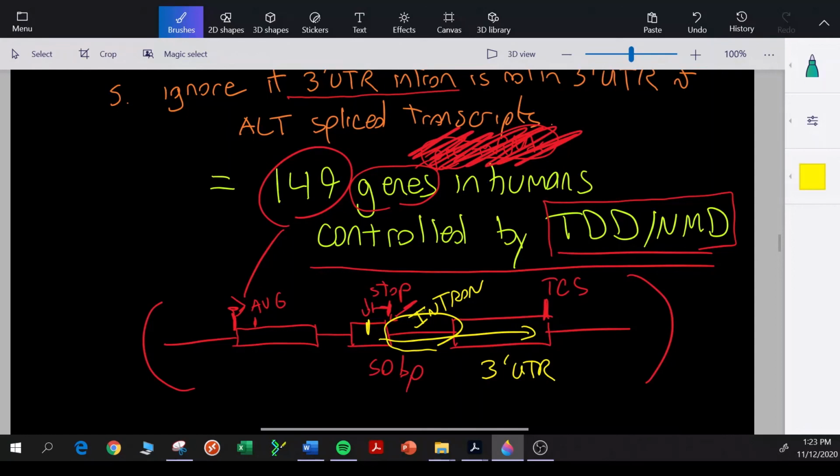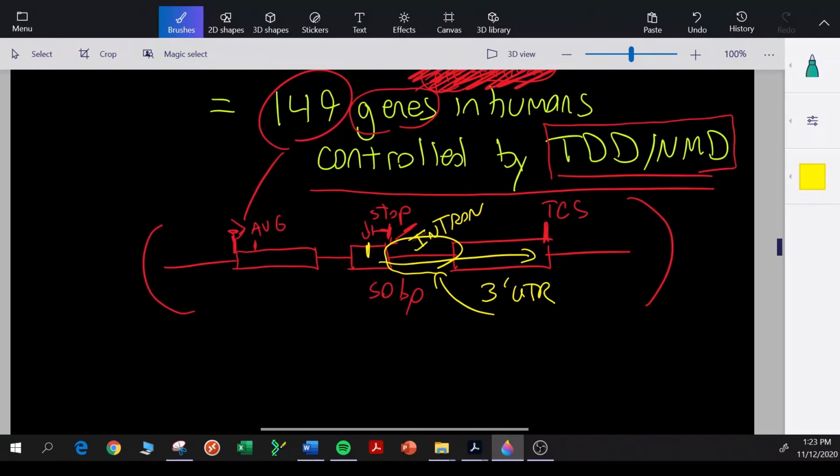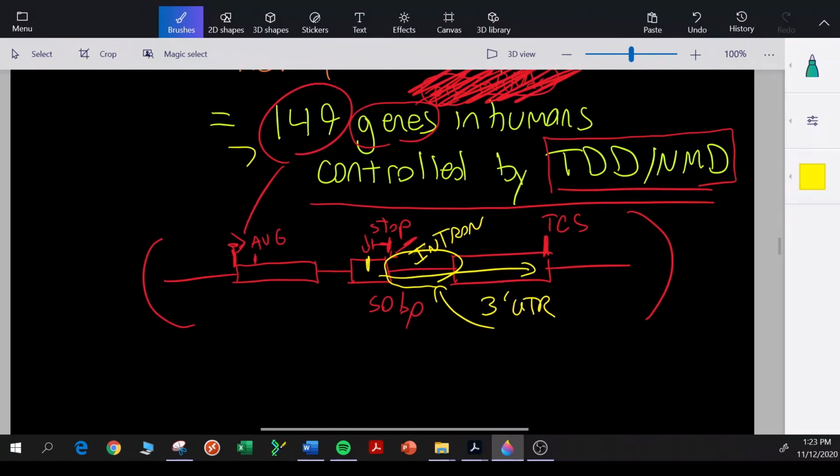And for 149 genes in humans, this same 3' UTR intron is found in the orthologous gene in mice and rats. So, pretty neat, I think. Now, I don't know if anyone has studied those genes specifically and shown that each messenger RNA from these genes can only be translated one time before it is degraded by nonsense-mediated decay.